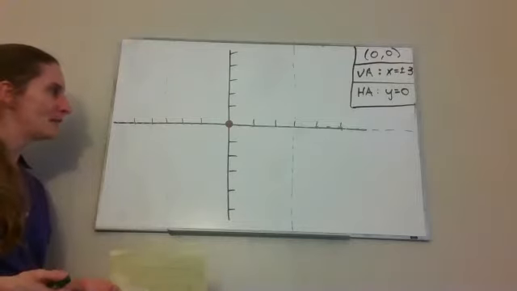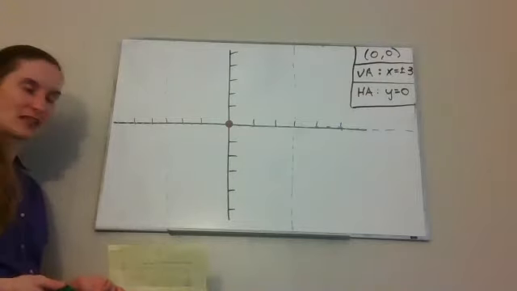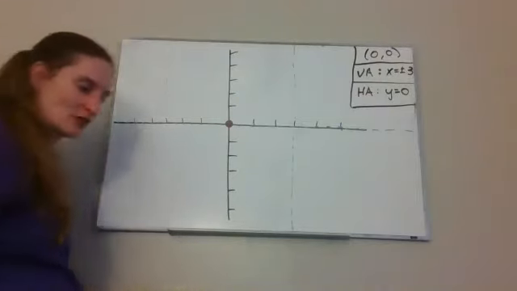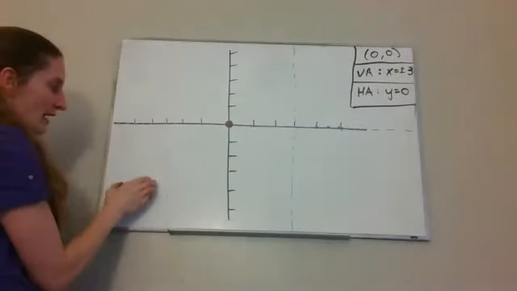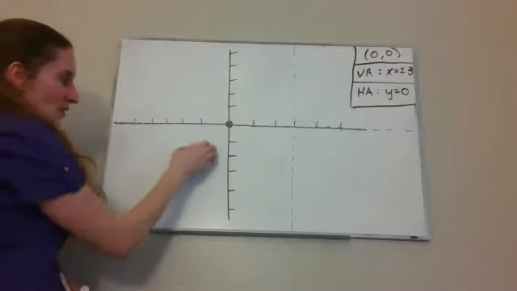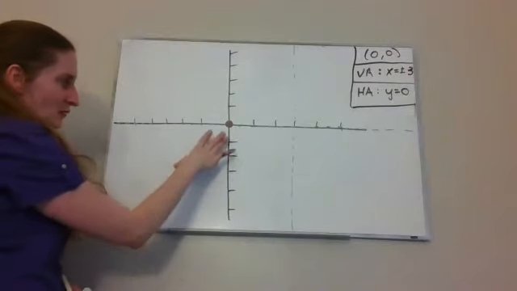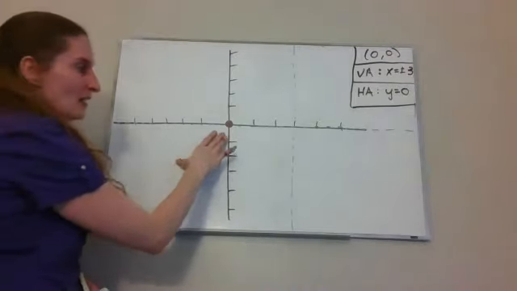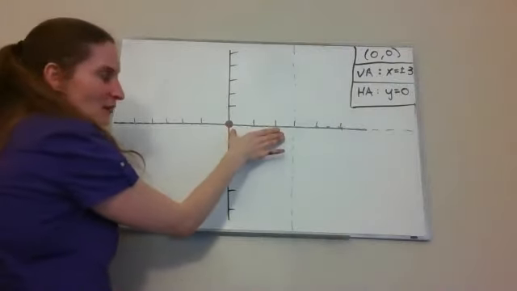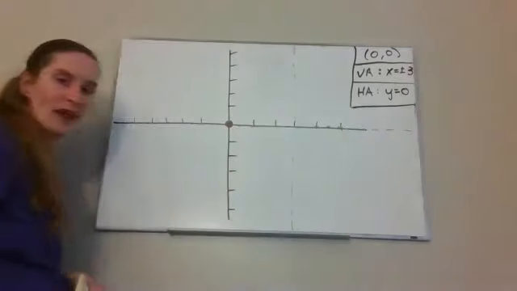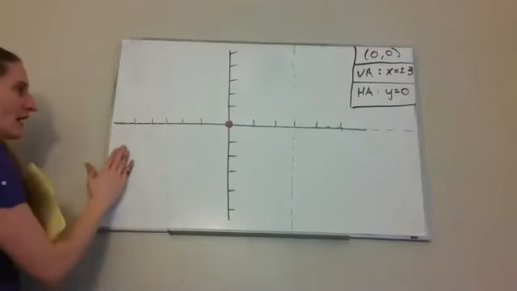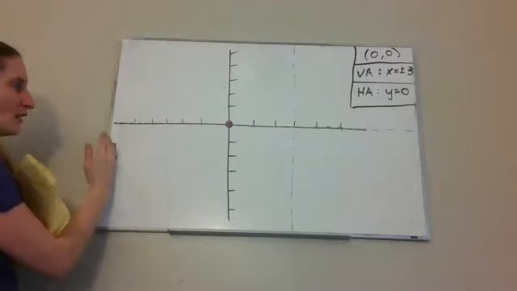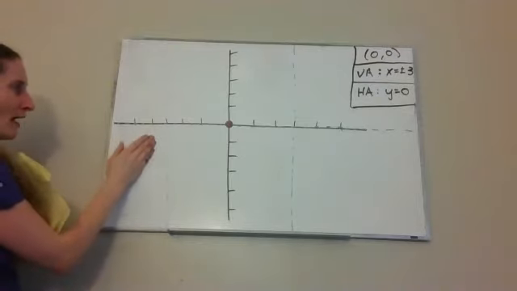So now I need to find at least one point in each section that we have left. So I need to find a point over here before my asymptote, in between here, between my asymptote and my point, then between my point and my next asymptote, and something over on the right side of that last asymptote. So let's go on this side first. I need some point to the left of this vertical asymptote.